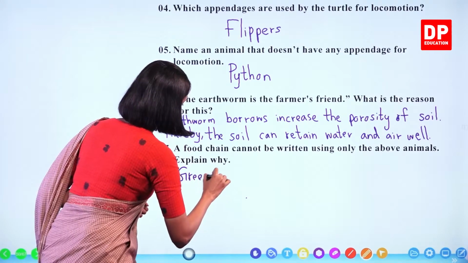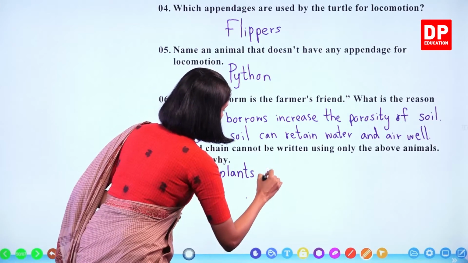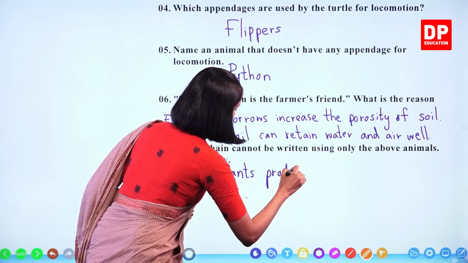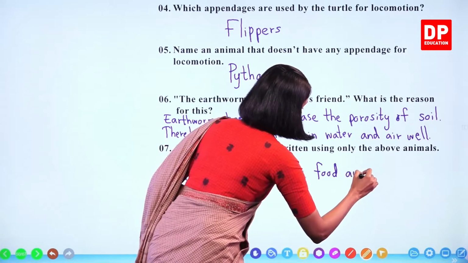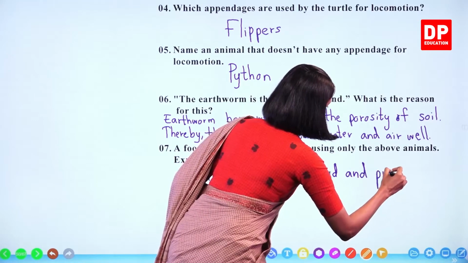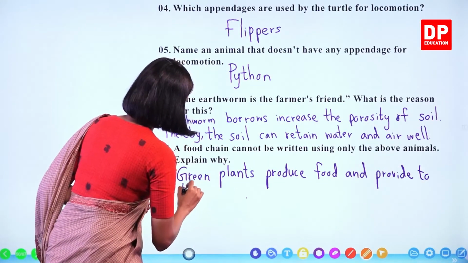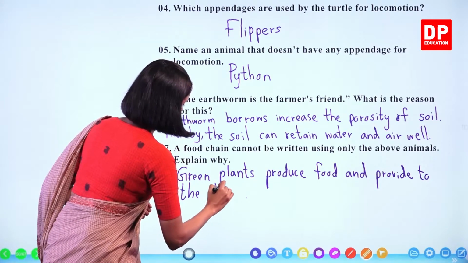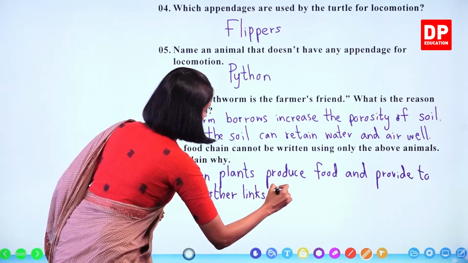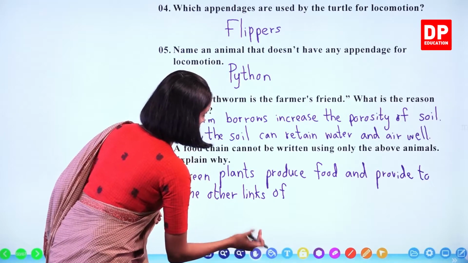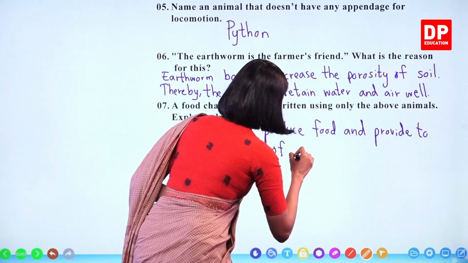Green plants produce food and provide to the other links of a food chain.